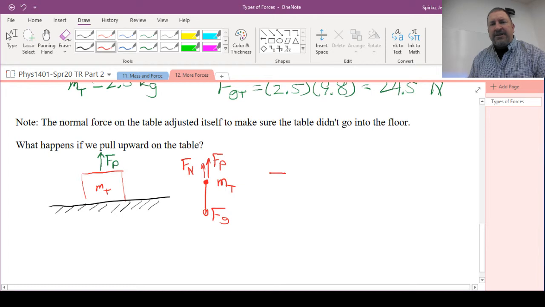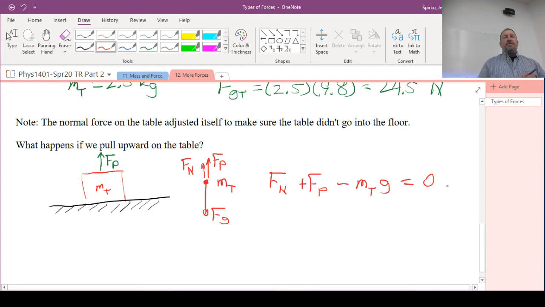So then my equation is force normal plus force pulling minus M table G is equal to 0. Notice this time, instead of putting in the force of gravity as a single symbol, I decided to put it in as mass times G, because it's always mass times G. That's very common to do in our equations, so sometimes I'll do it one way, sometimes I'll do it the other way.